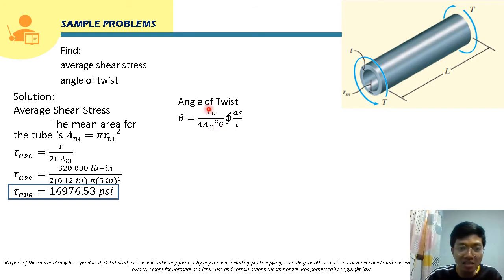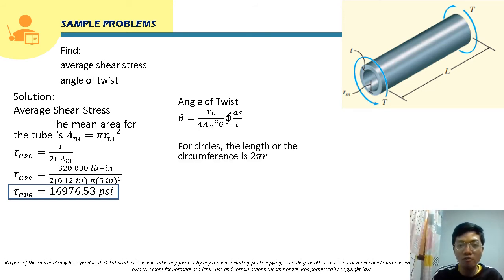The length, class, is also given in the problem. Now, to solve for this, we have to solve first for the line integral of ds over t. This is just the summation of the length of the center line over its corresponding thickness.